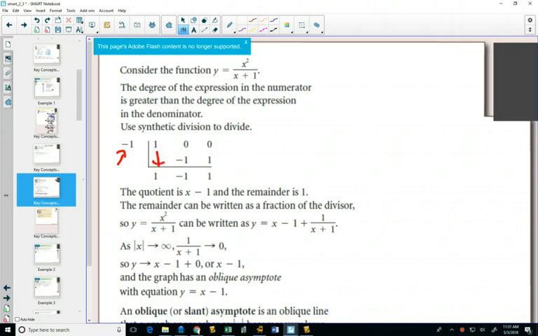Bring the 1 down, multiply, add, and whatever you get, you can ignore the remainder. Doesn't matter how big that remainder is. It could be 16 billion. Doesn't matter. The equation you get after you divide, y equals x minus 1, is going to be the equation of your oblique asymptote.